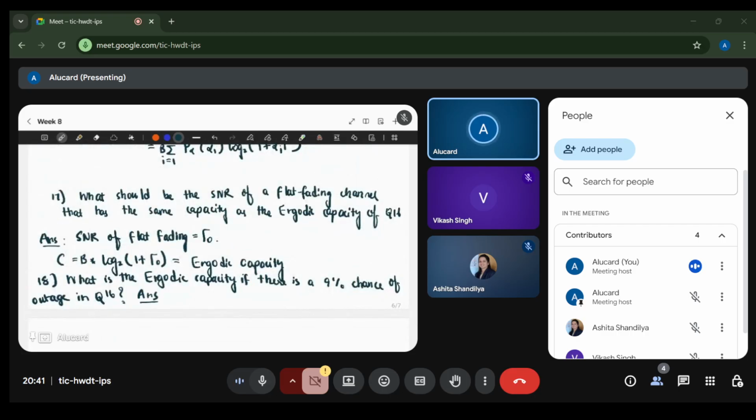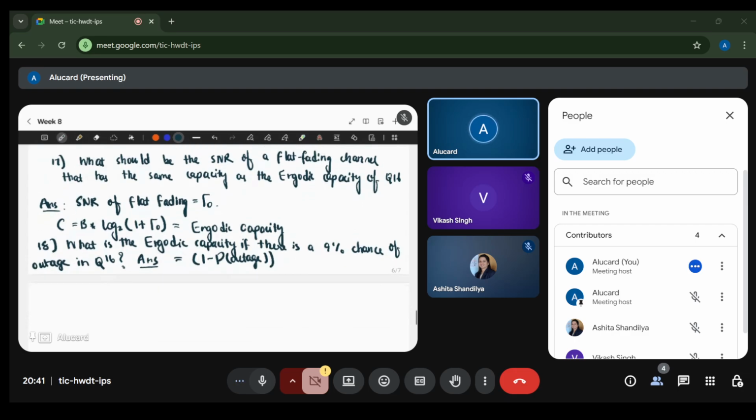In this case, this is equal to 1 minus P outage. So when there is outage, you get zero capacity. When there is no outage, you get the capacity without outage.